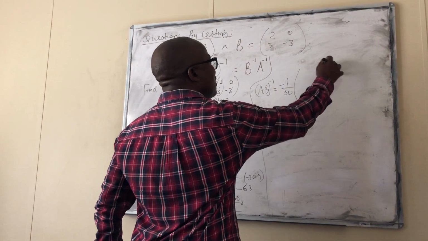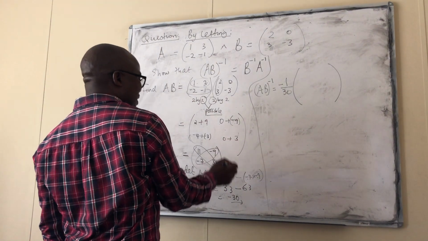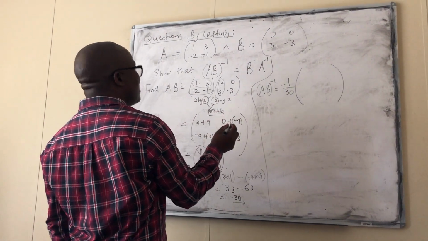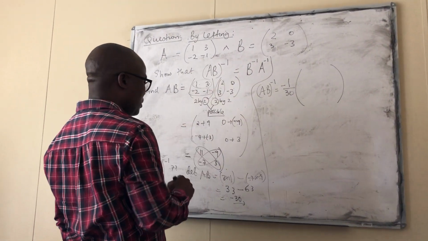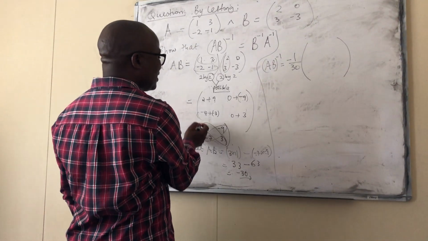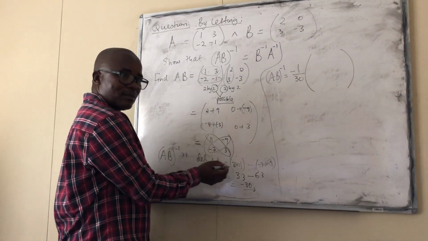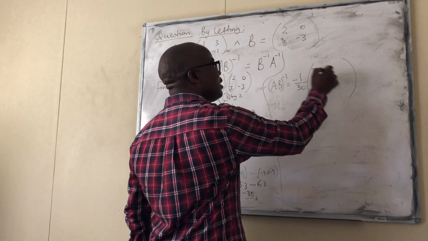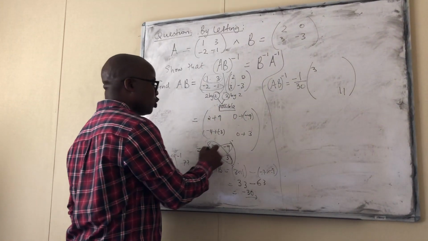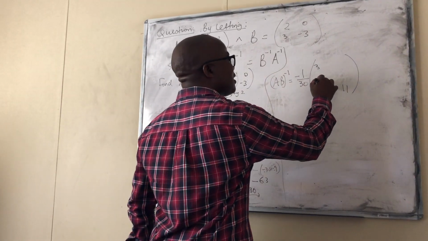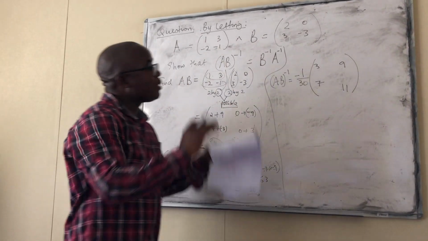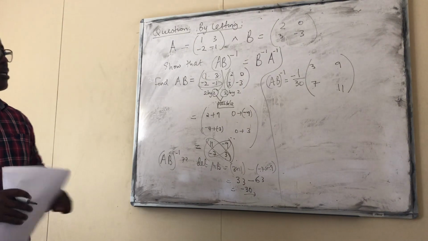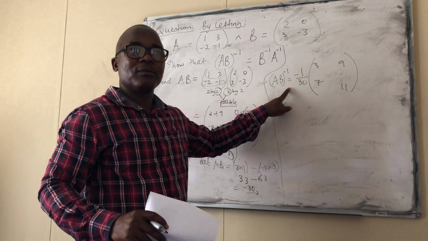And then you interchange numbers in AB. You swap 11 with 3, so that will be 3 and 11. And then you change signs here, that is 7, that is 9. So that is the inverse of matrix AB.